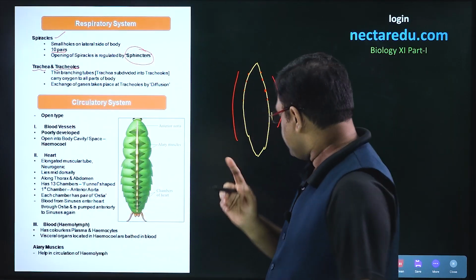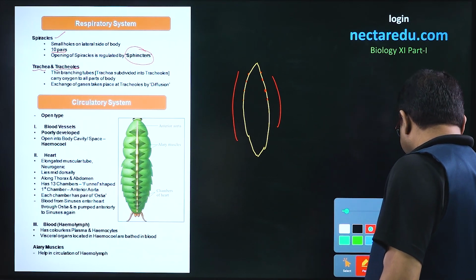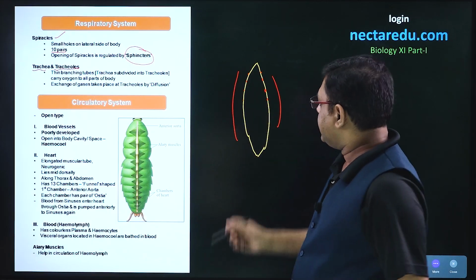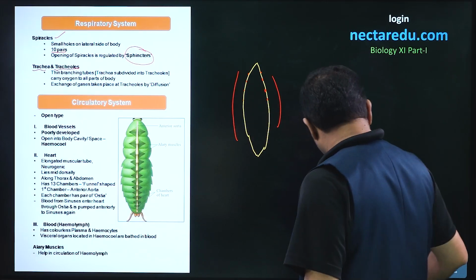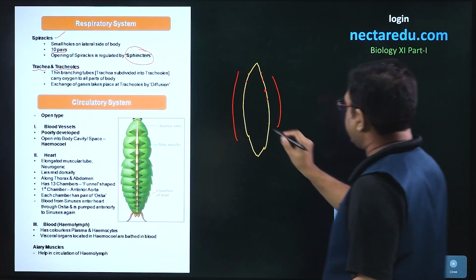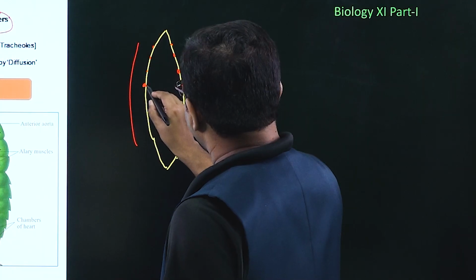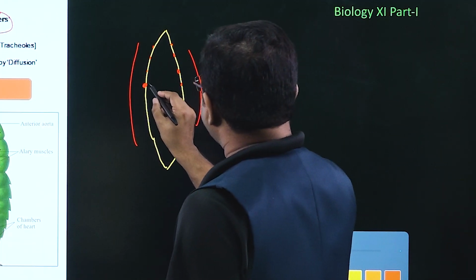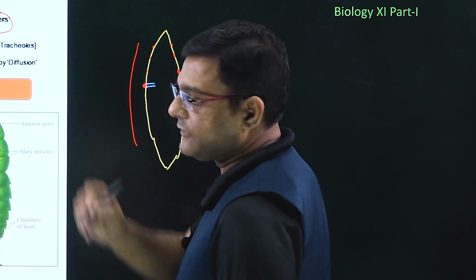After these apertures, which are called spiracles, there are tubes present which are called trachea or tracheoles. Now these trachea will be attached to the spiracles. Let us say that it is one spiracle. To this opening, the pipe will be attached. This will be called trachea.